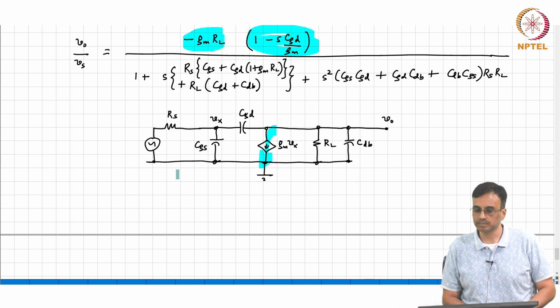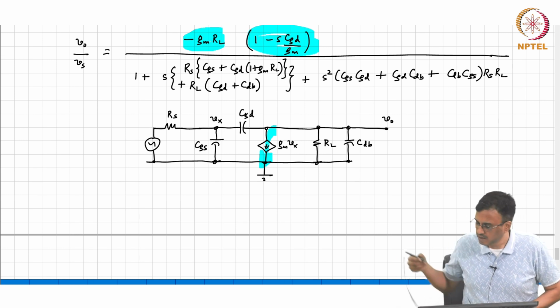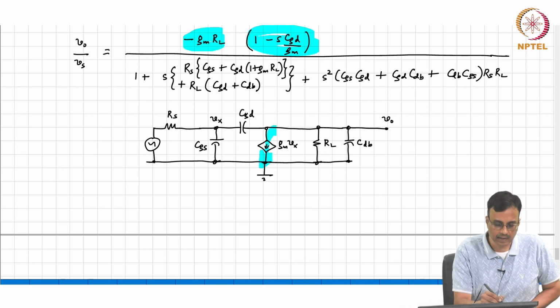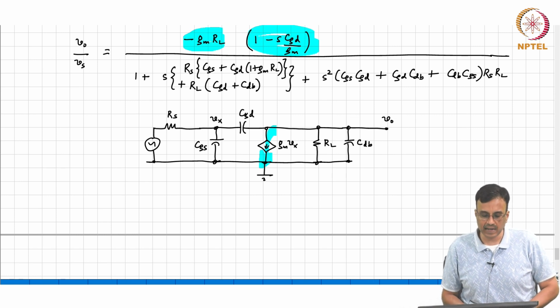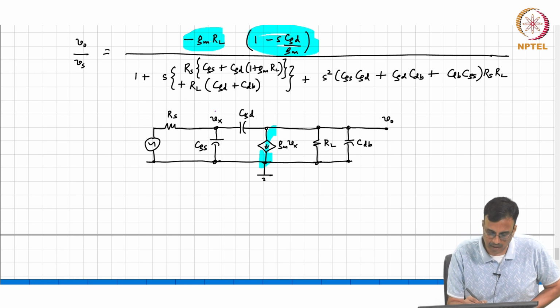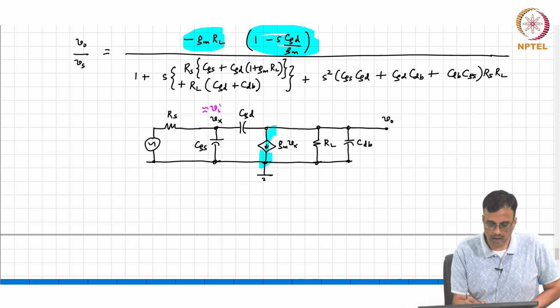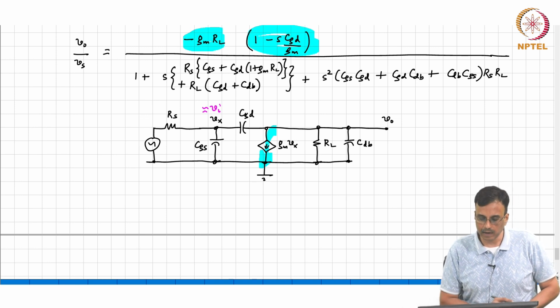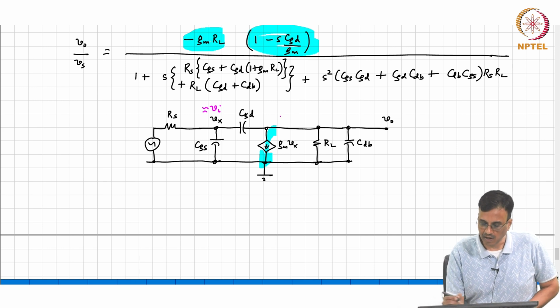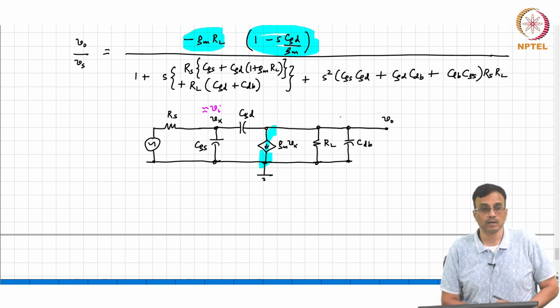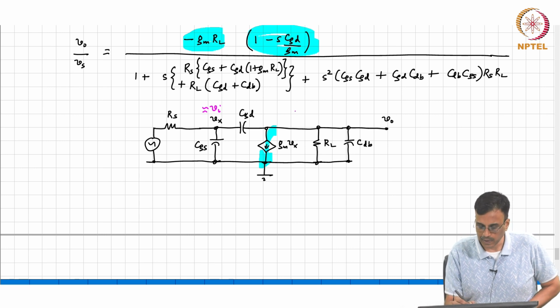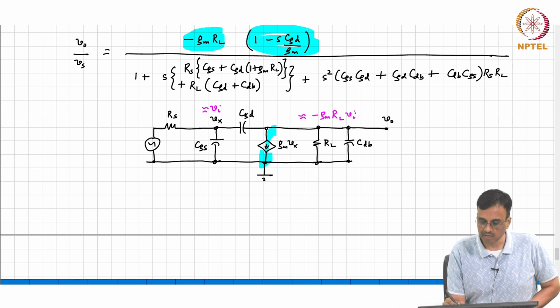Is this clear? All right. So at low frequencies, if we can neglect, to first order, the capacitor currents, what is approximately Vx? Vx is approximately Vi. Okay, and what is VO? This is approximately minus GM RL times Vi.